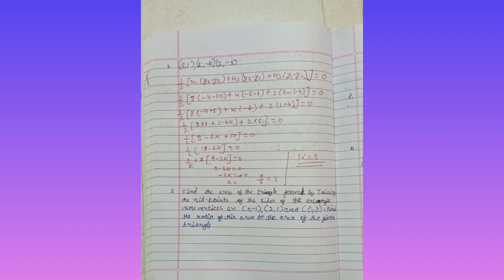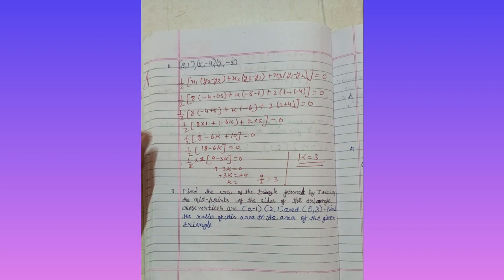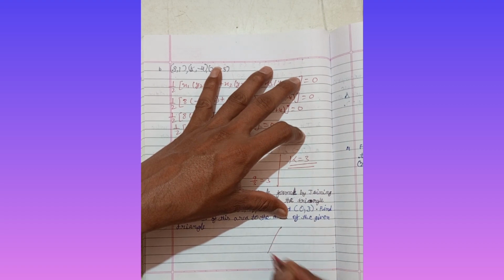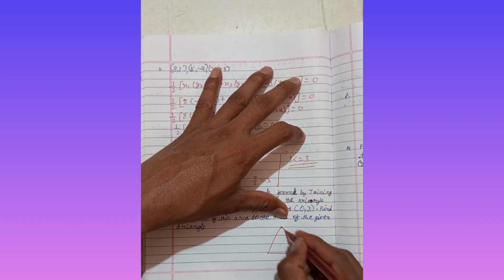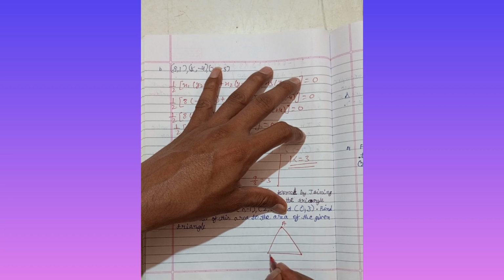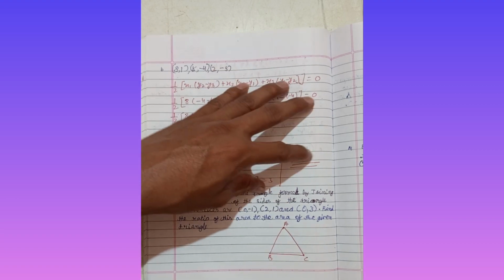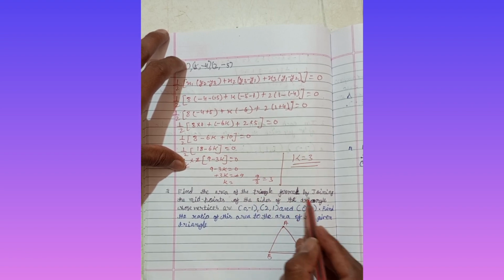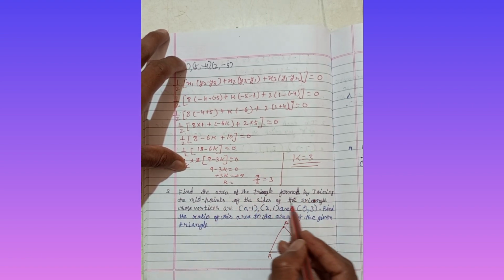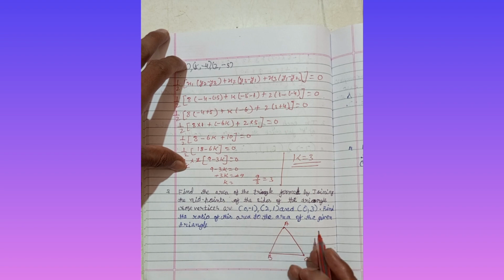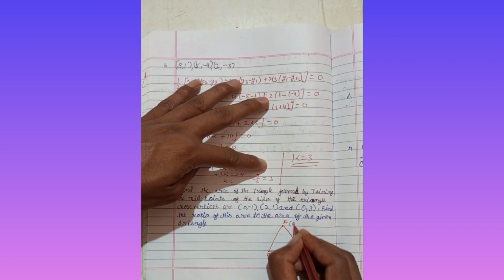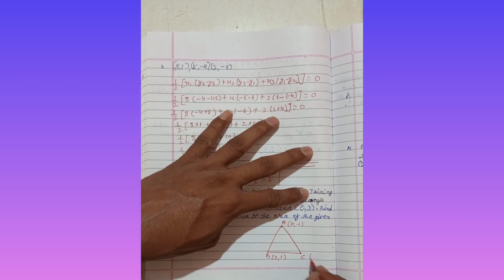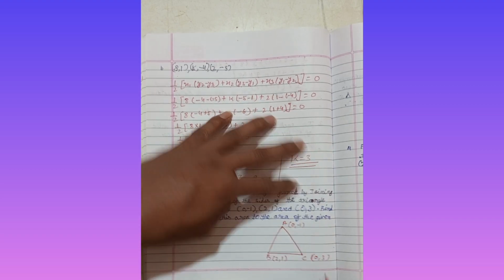Here is a rough sketch of a triangle we made, triangle A, B, C. The vertices are 0, 1, and 2, 1, and 0, 3.